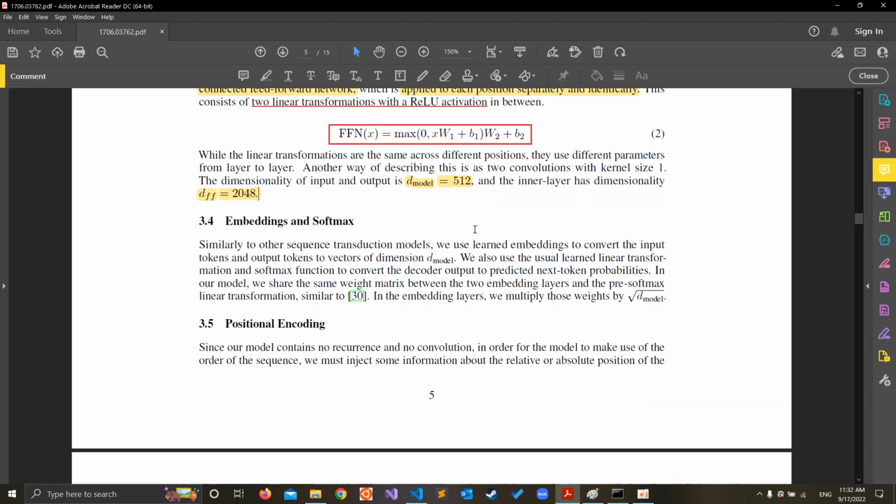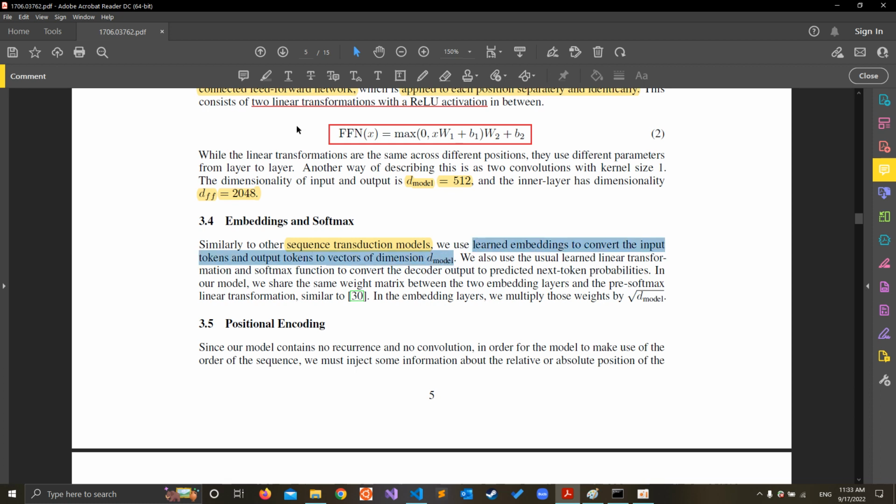So that was it. Now let's talk about embeddings and softmax. Similar to other sequence transduction models, we use learned embeddings to convert the input tokens and output tokens to vectors of dimension d.